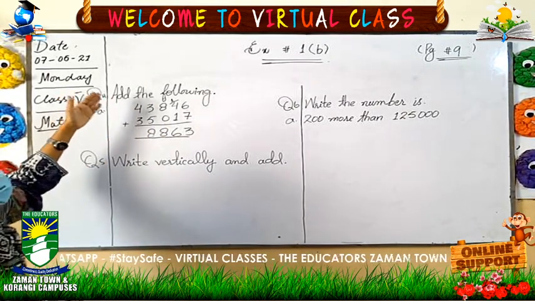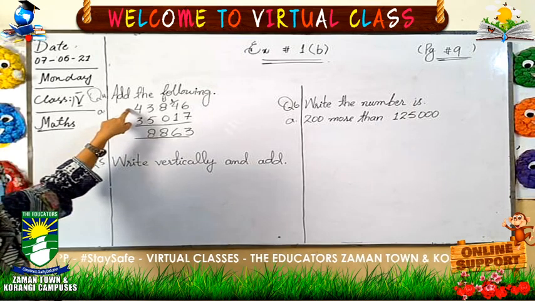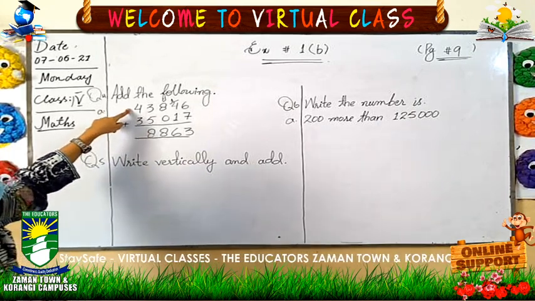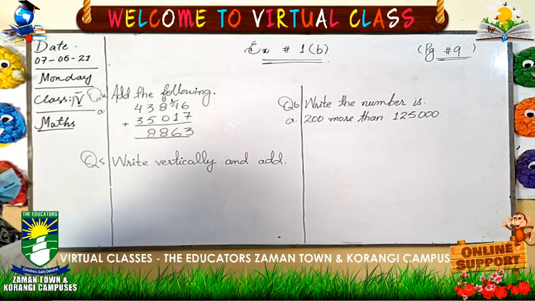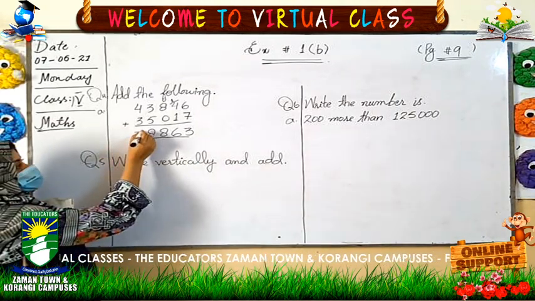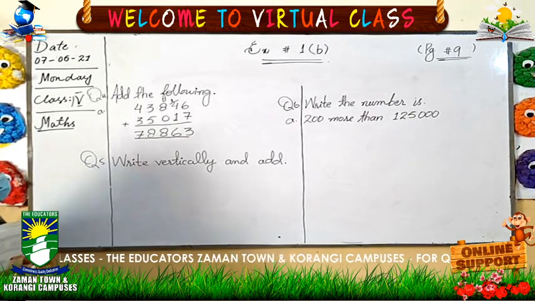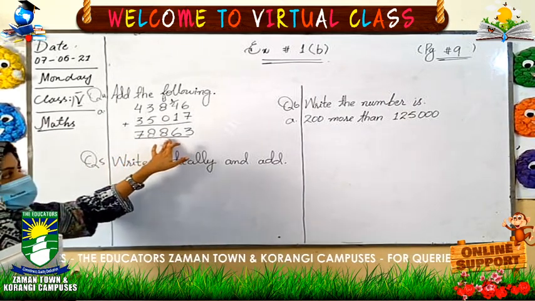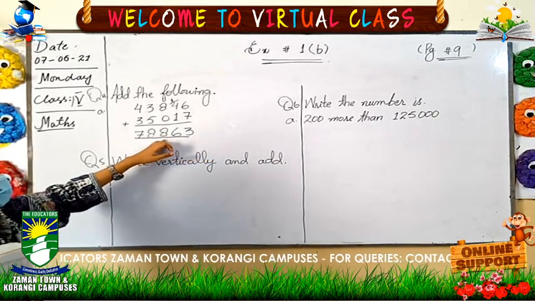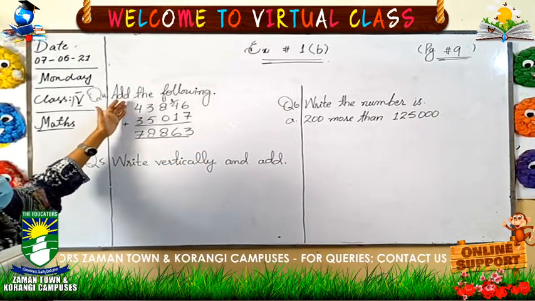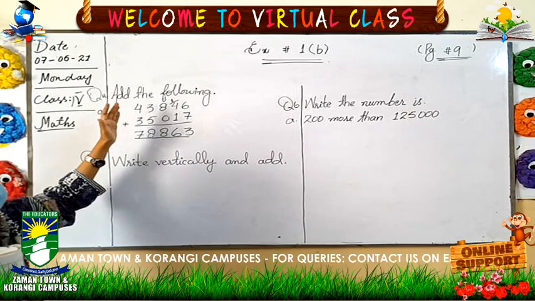How will we add this? We will add 3 into 4: 5, 6, 7. It becomes 7. So the final answer is 7, 8, 8, 6, 3, which we got from these numbers by adding them.